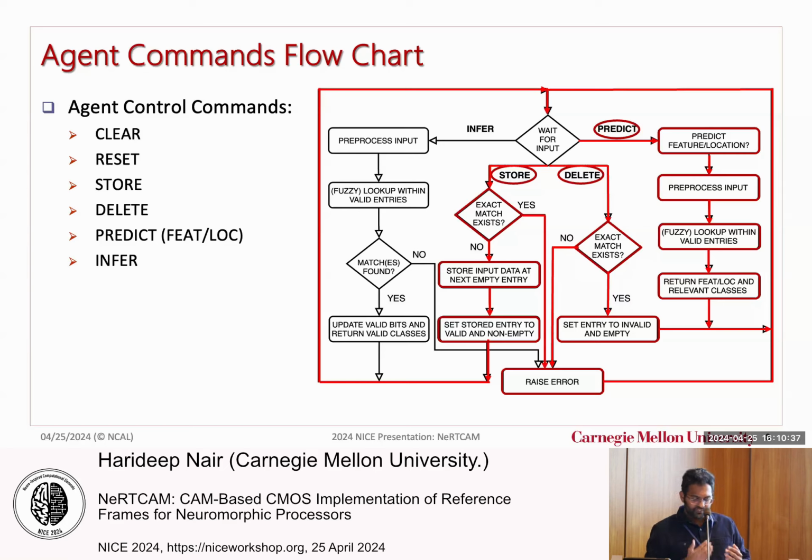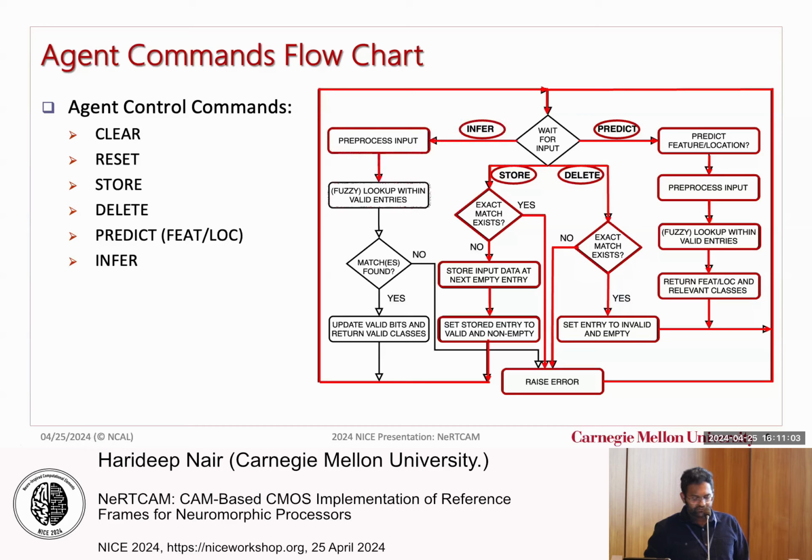And that's where the ternary aspect comes into play. That allows us to perform partial matches. So given just a feature, you can look that up and get the other missing part of the vector, which is the location and class, for example. So that's the pre-process stage. And then you can perform a potentially fuzzy lookup with a fuzziness control and return the valid set of output.